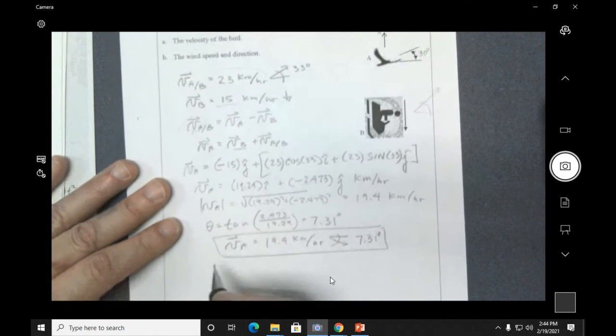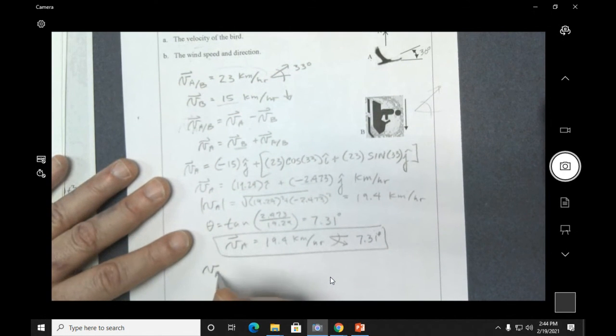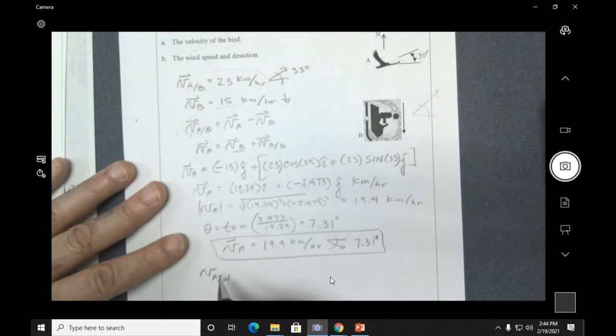So the velocity of the bird with respect to the wind is equal to 25 kilometers per hour, headed 30 degrees.